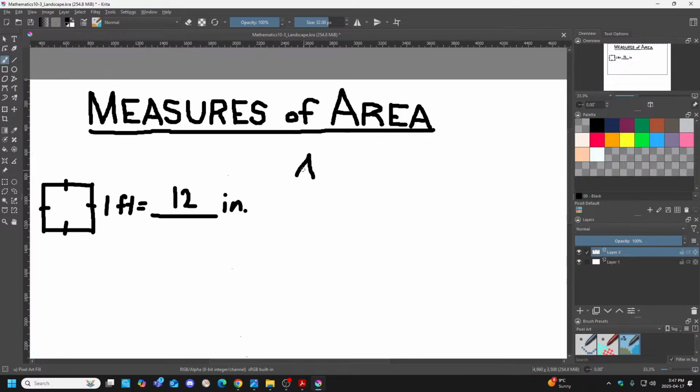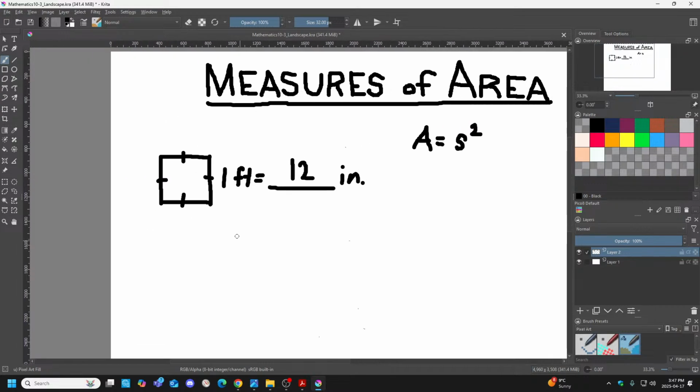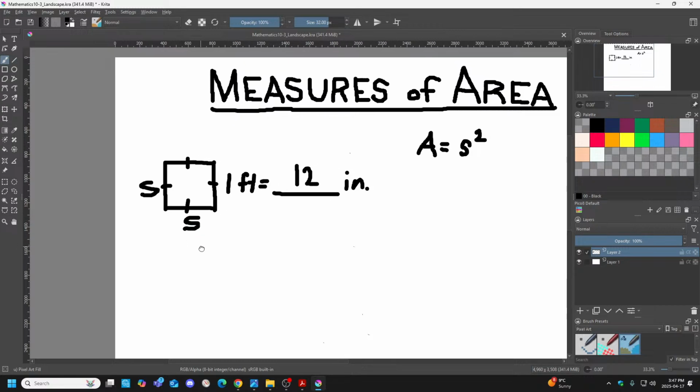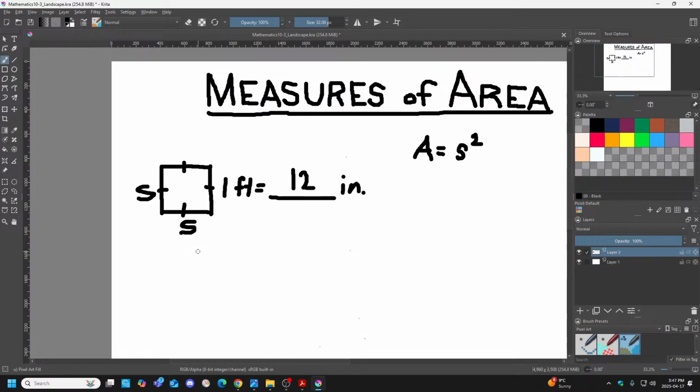Formula for a square is equal to s squared, where s is the side, s and s, okay? That stands for side, okay?